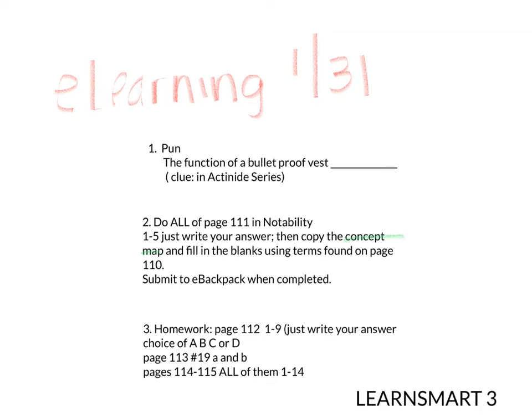Your homework, then get started on your homework. Page 112, 1 through 9 is multiple choice, so just write your answers A, B, C, or D. Page 113, question number 19, there are 2 parts, A and B. You have to show all work to get all your points. By the way, your homework needs to be on paper. Don't do it in Notability and do not submit it to e-backpack.